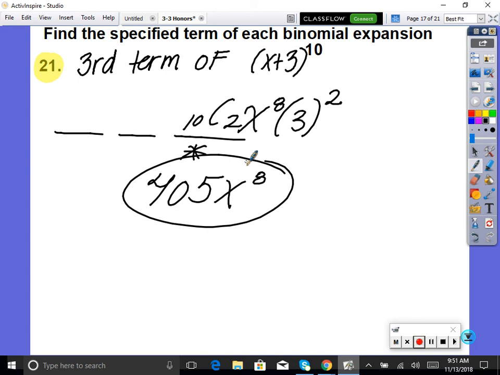Except it's not 405. You guys, it's 10 choose 2 times 9, right? Well, 10 choose 2 is 45.